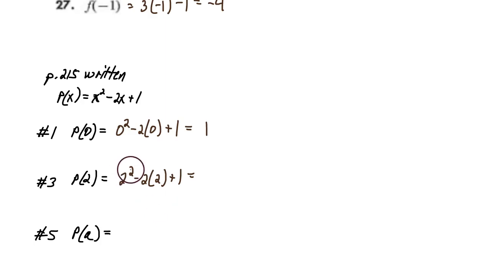Two squared is 4. 2 times 2 is 4. And then when you add 1, you get 1. So when x is 2, p equals 1. Now let's substitute an a where the x is. So a squared minus 2 times a plus 1. This doesn't simplify anymore because there aren't any like terms.